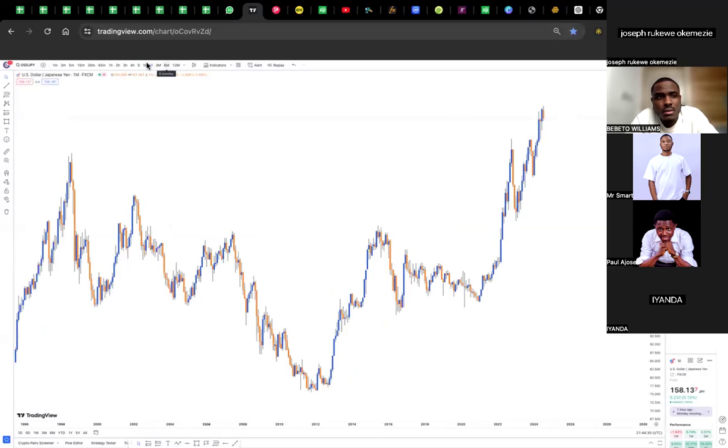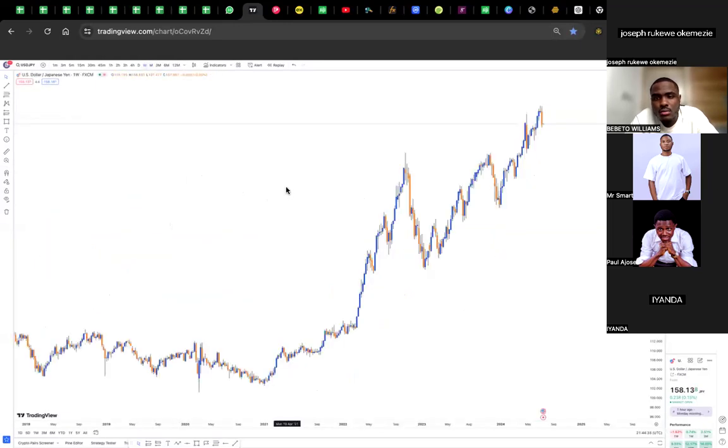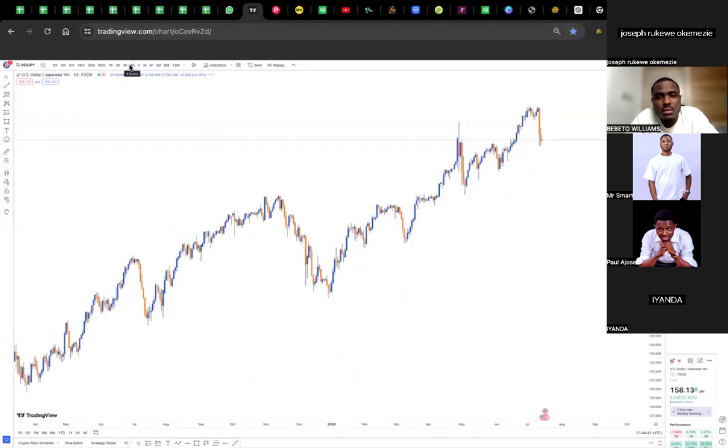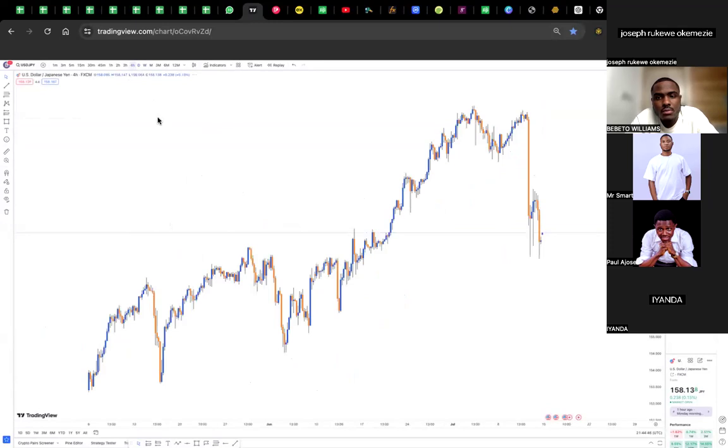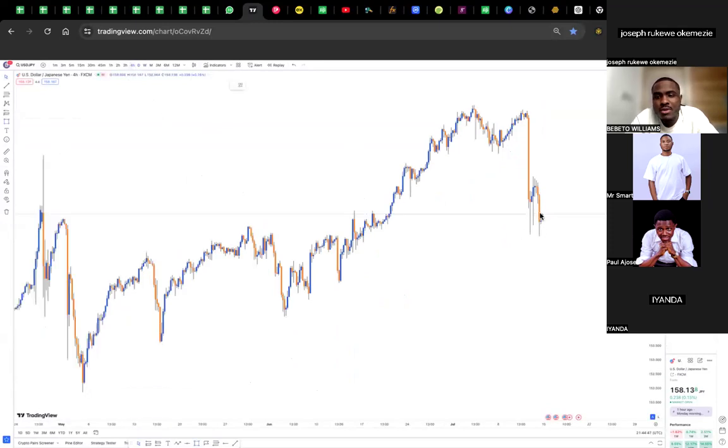The structure. So if I was to enter USD JPY, this is a good entry for a buy.